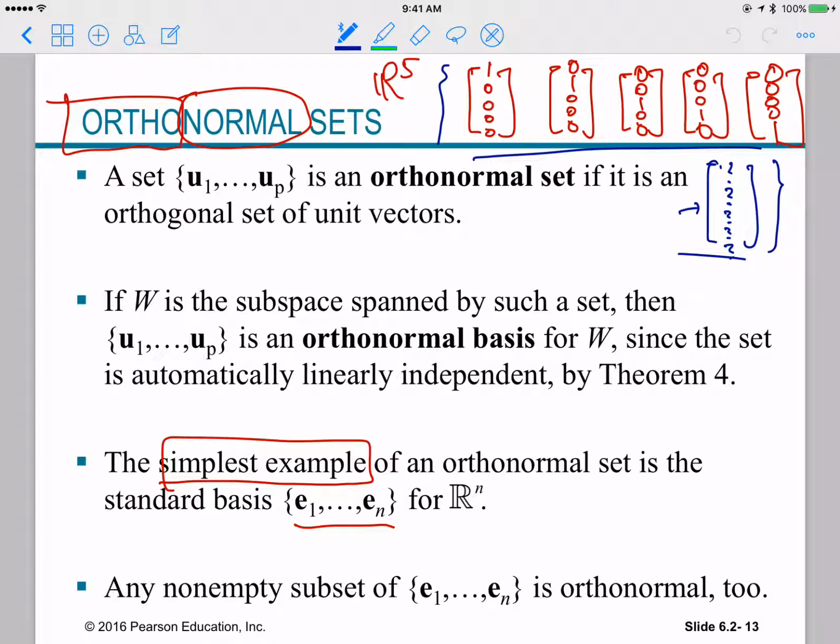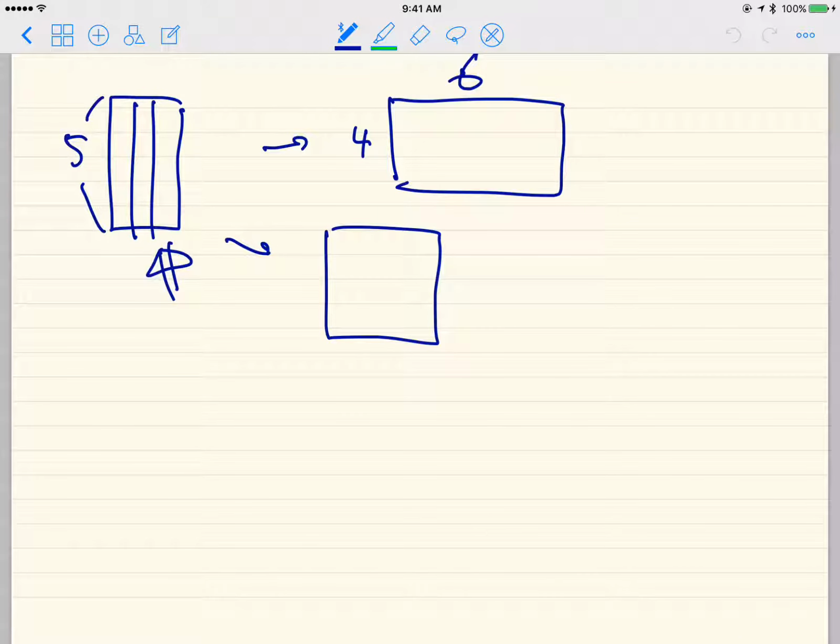So if your set is orthogonal, then it is automatically linearly independent, and from that fact, you cannot have more vectors than the number of elements, because in that case, if we form that matrix, you will always find a free variable, which means they would be linearly dependent, right?